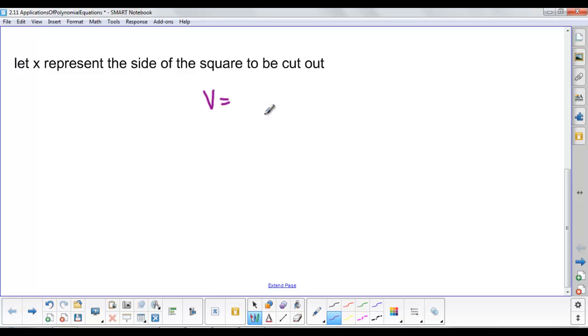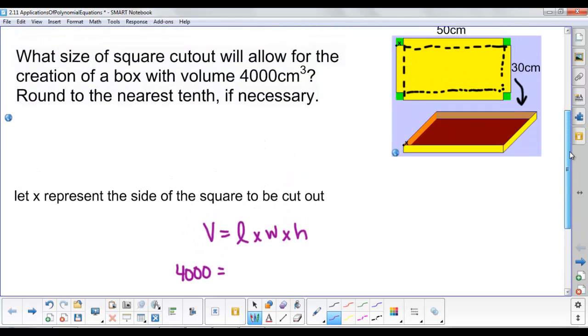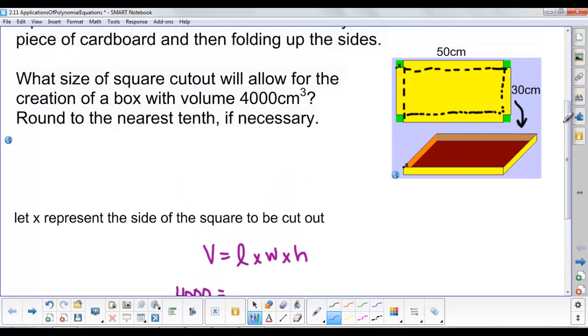And we also know that the volume of this box will be calculated by taking the length, multiplying it by the width, and then by the height. So let's fill that in. We know that we want to create a volume of 4,000 centimeters cubed. Now before we go ahead and sub in length and width and height, we want to come up with some expressions for it.